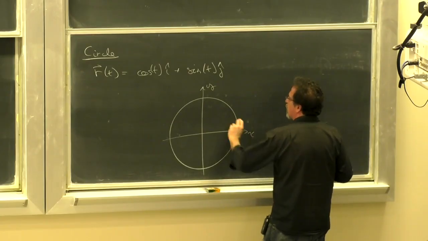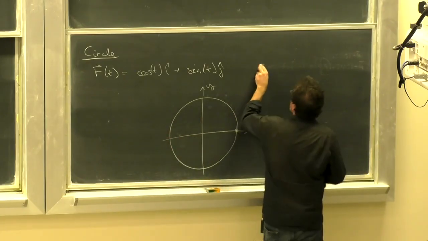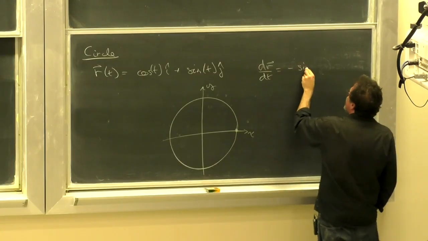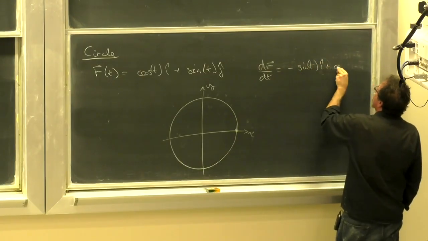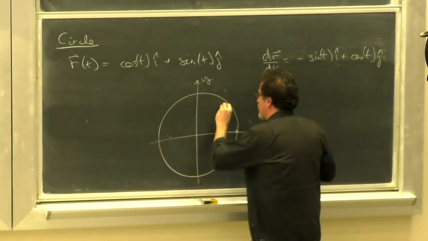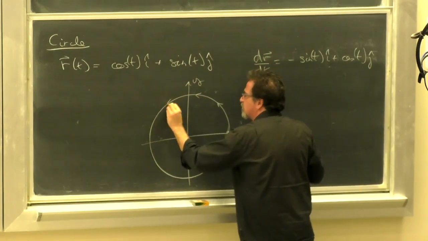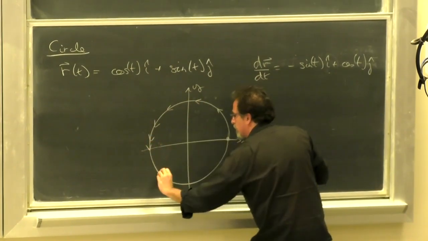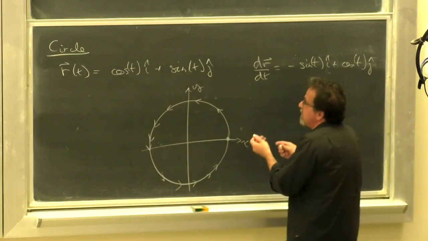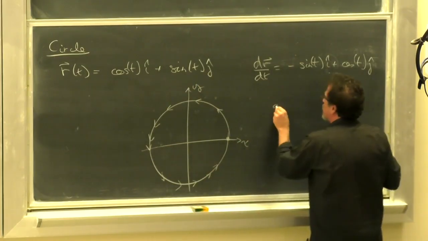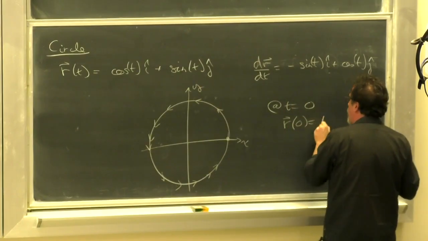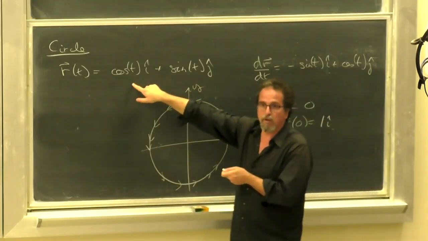And this is at t equals 0. And we know that dr dt is equal to negative sine t i hat plus cos t j hat. By the way, this is the counterclockwise circle. So we know that the tangent vectors are going to be going like this. And when in doubt, just double check. At t equals 0, r of 0 is equal to 1 i hat, because this is 1 and that's 0.